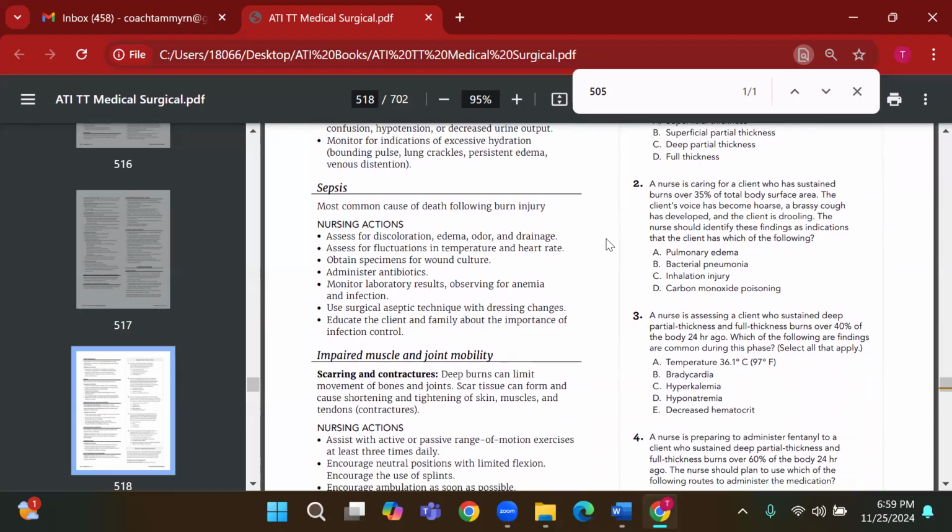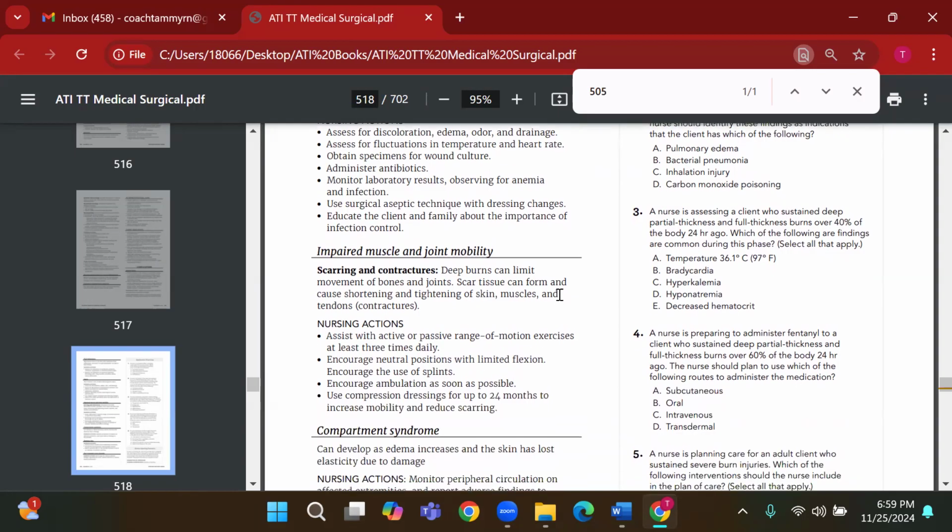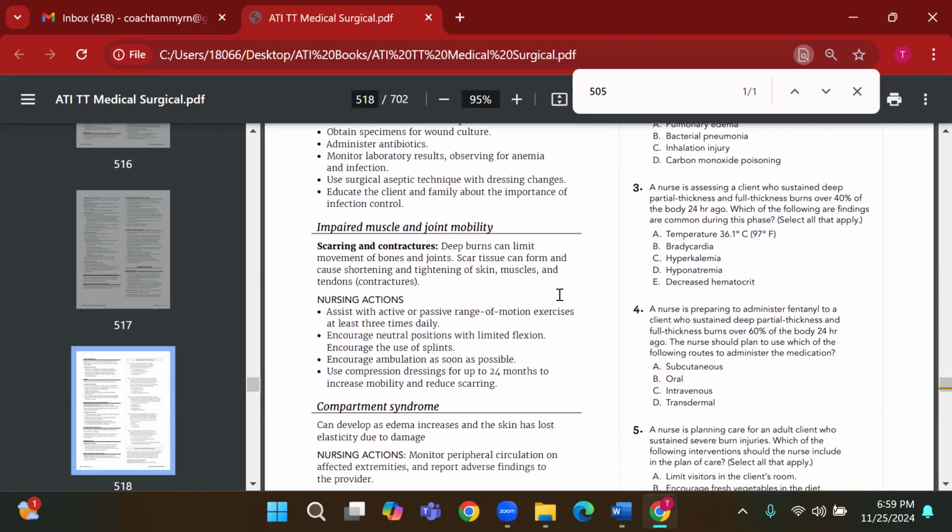Sepsis or septic shock, we've talked about that, but we know that sepsis is bacteria that can enter the bloodstream and cause massive vasodilation, right? So we've got to be careful and administer our antibiotics. One of them was gentamicin that we read there. Then we've got to make sure that they don't get contractures, right?